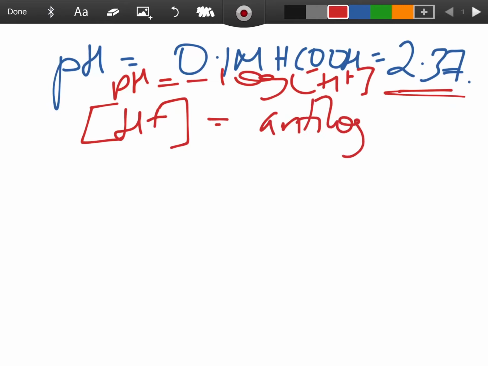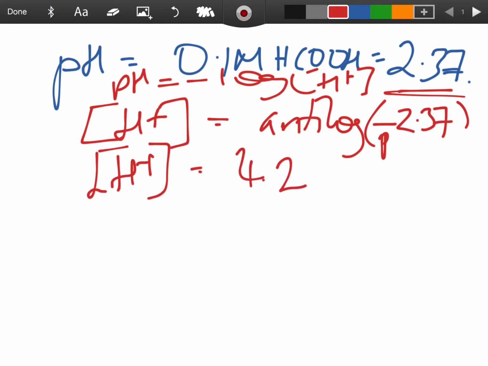So my hydrogen ions will be the anti-log of minus the pH value. Do not forget the minus there. So when you plug that into your calculator, then you are getting a hydrogen ion concentration of 4.27 by 10 to the minus 3. Okay. So the minute you see the pH, calculate the hydrogen ion concentrations.